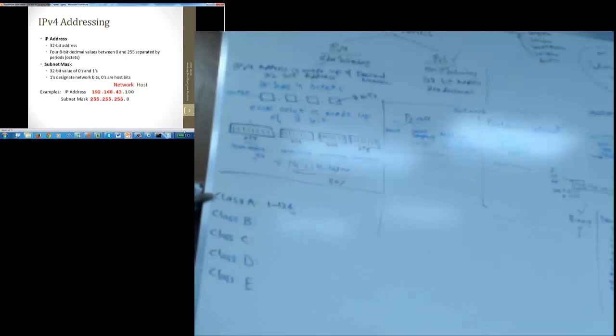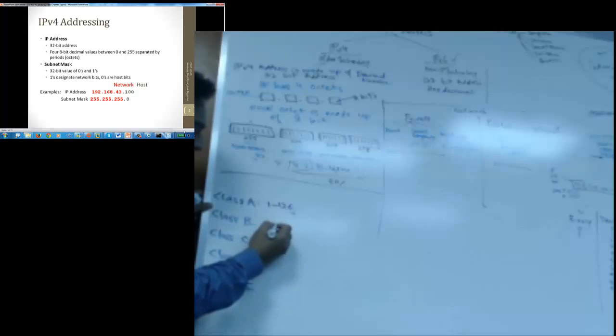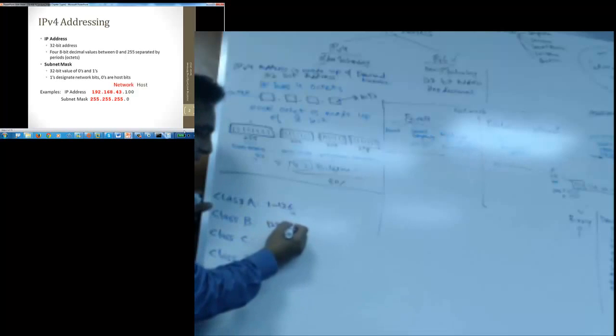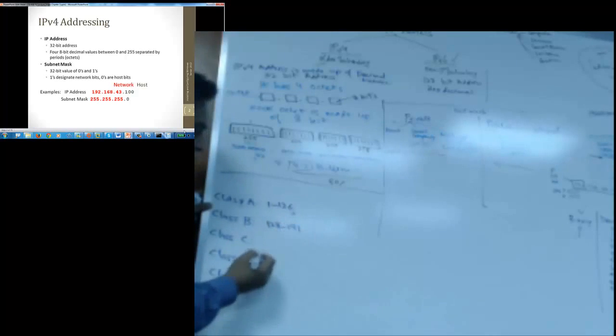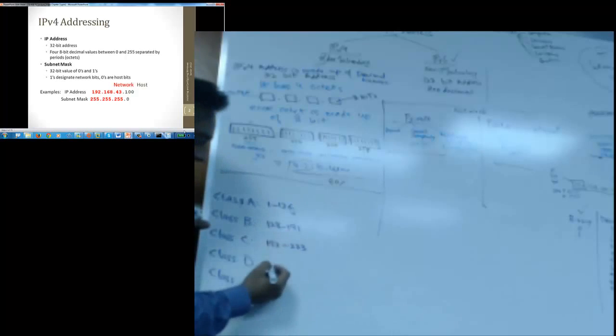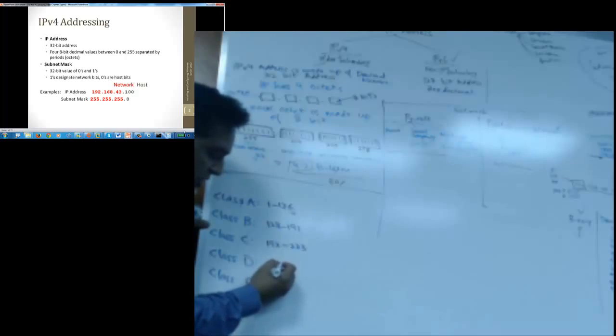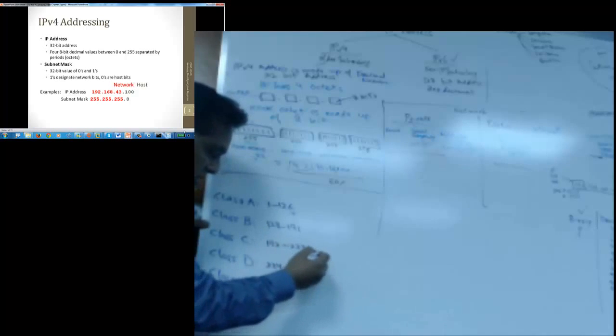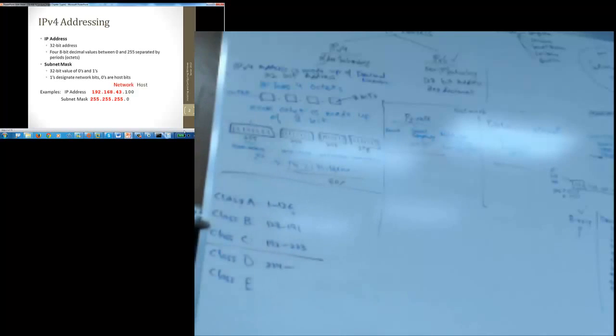So 1 to 126, and then class B, 128 to 191. Then 192 to 223. And then 224 onward. So let's remember first these classes. These are IP classes.